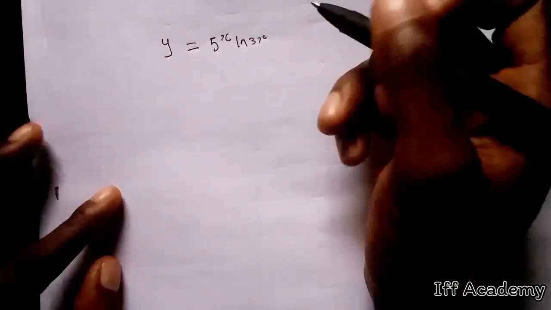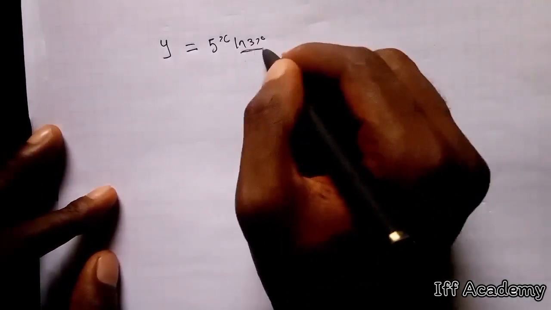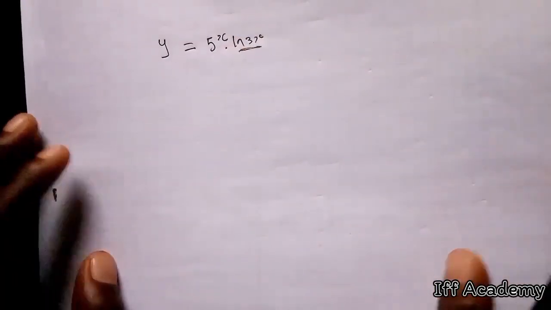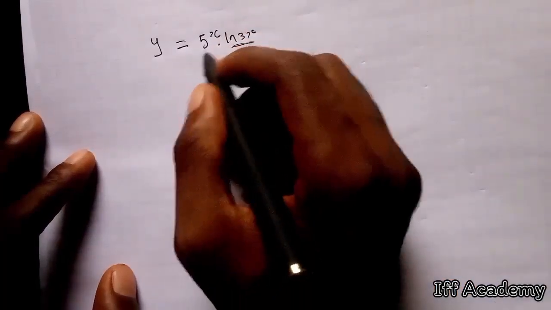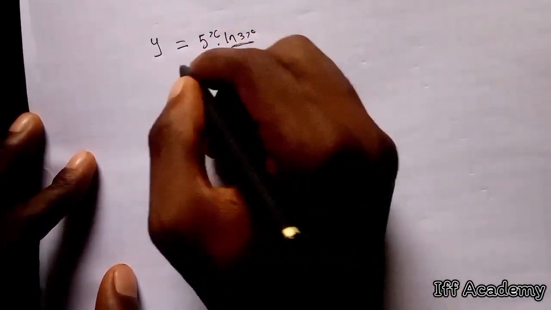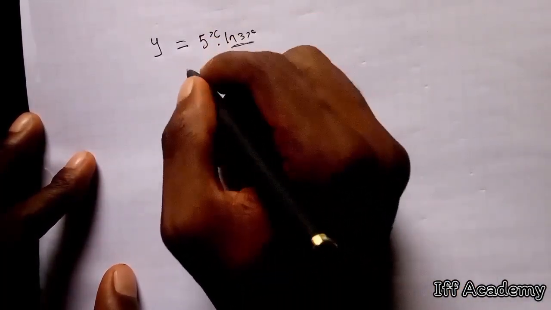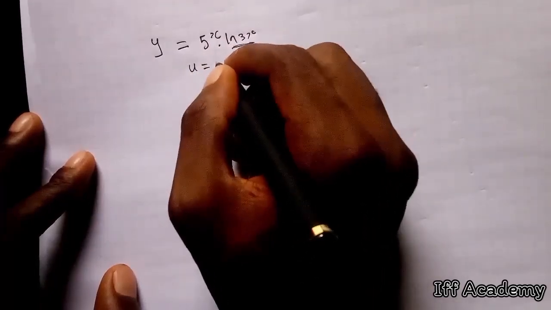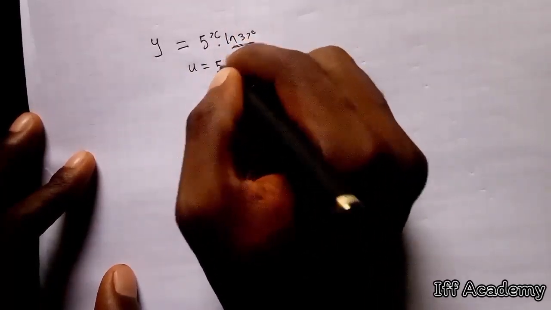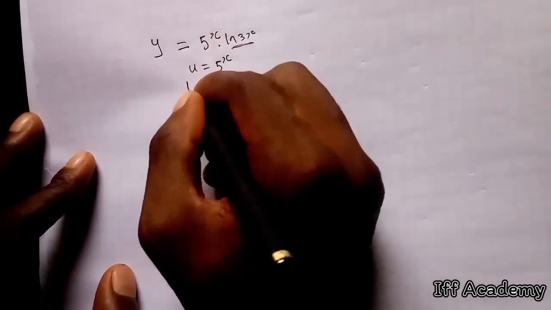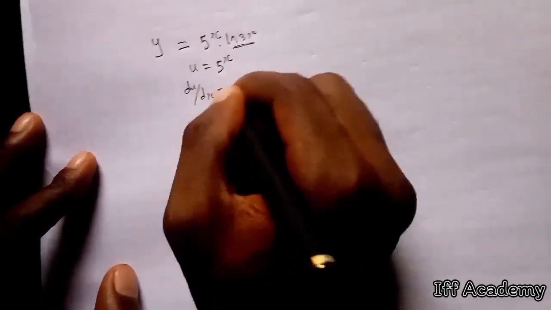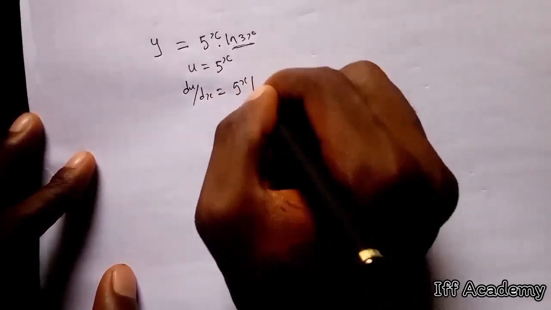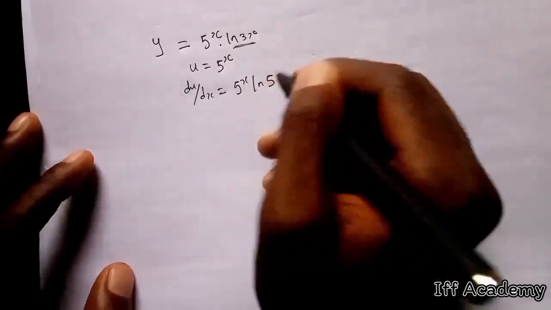Now this question, we're having the chain rule and what? The product rule. Now, so how do you go about this? So from here we can say our u is equals to 5 raised power x. Du over dx is what? 5 raised power x ln 5, right?